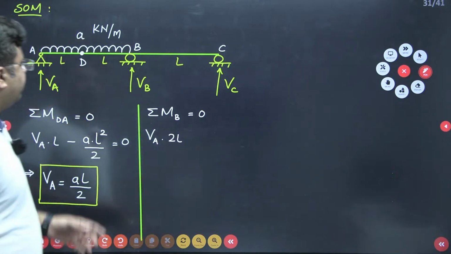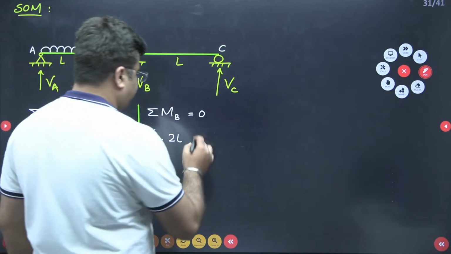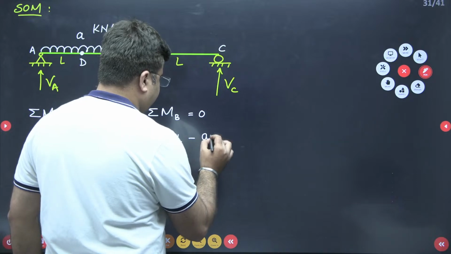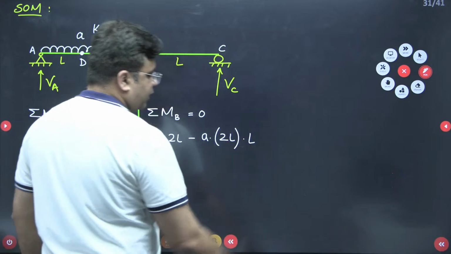The second moment will be due to this UDL, and that is going to give an anti-clockwise moment. Value will be minus A into 2L, that is the total load, multiplied by the lever arm, which is L, right?